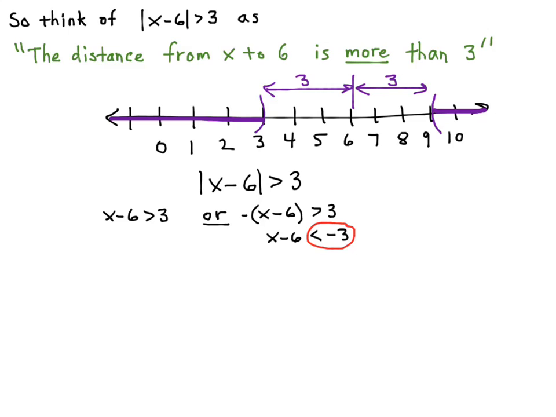So when we're solving these and making the two equations, you can go right away to that second equation. On the right-hand side, make that negative, but remember to turn around the inequality. So instead of being greater than 3, you have to be less than negative 3. And then we solve it in the conventional way that we've done inequalities before.